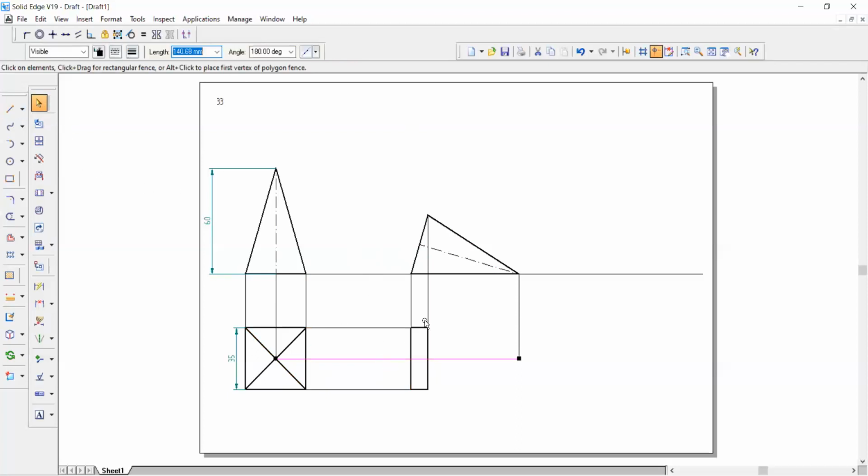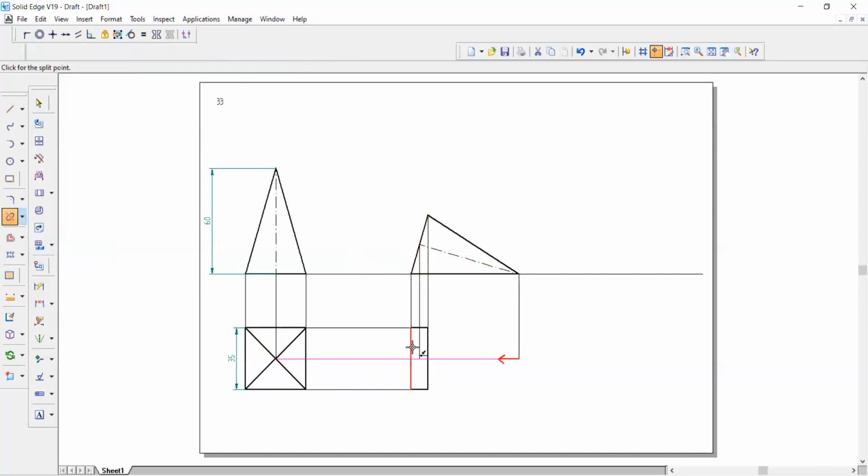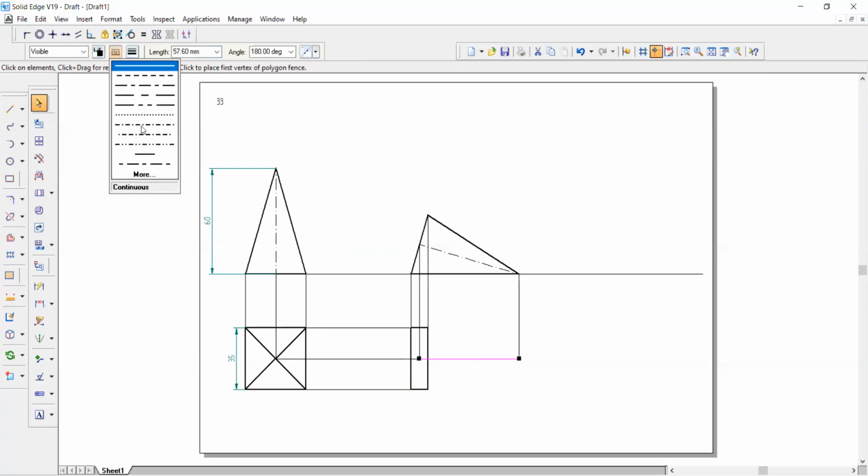Also you have to show this O1. So join this, and you have to split this line exactly at this O1, so that this particular part will become your axis line. Okay, change this to 0.35.